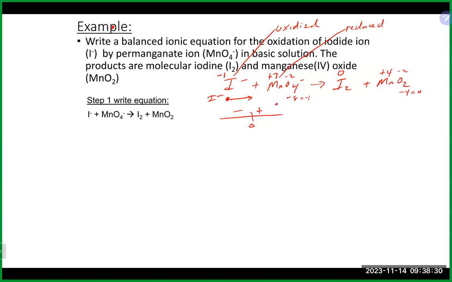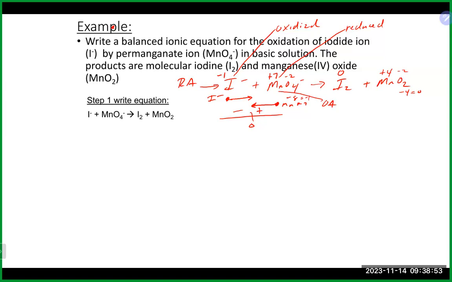The Mn is starting at +7 over here, and it is ending at +4, which means it is moving in a more negative direction and becoming reduced. That means in this case, that is my reducing agent. This would be my oxidizing agent. Any questions on any of that there?